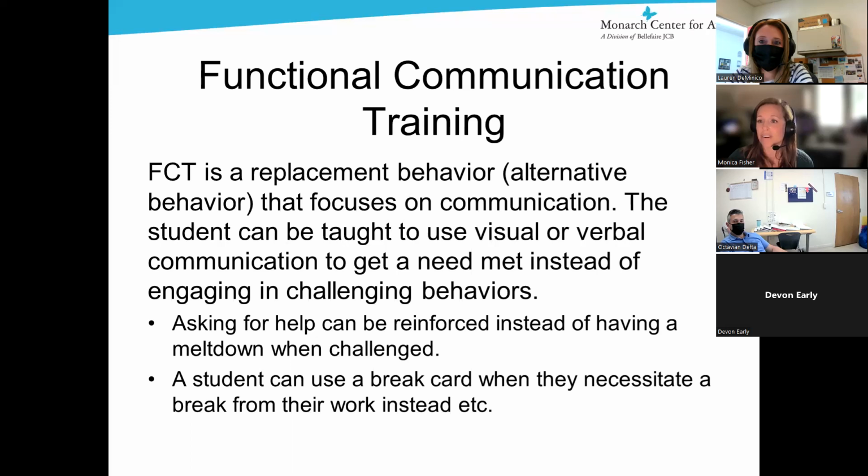But there's a lot of different ways that we can teach kids using functional communication training. The whole point is that we're giving them the language to do it so that their behavior doesn't have to do it. So asking for help can be reinforced instead of having a meltdown when they're challenged, or a student can use a break card when they need a break from their work instead of whatever problem behavior they were engaging in.